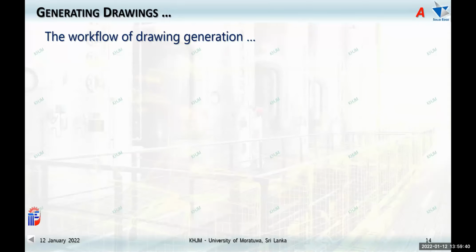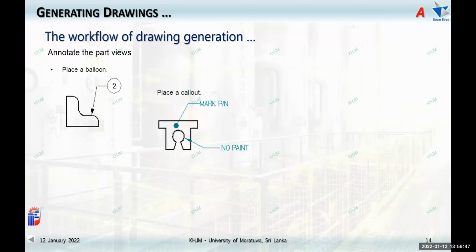And then of course you can put some names into the features. This is what you call the annotations. Anything other than the edges of the part, you can consider them as annotations. Even dimensions, you can call them annotations.